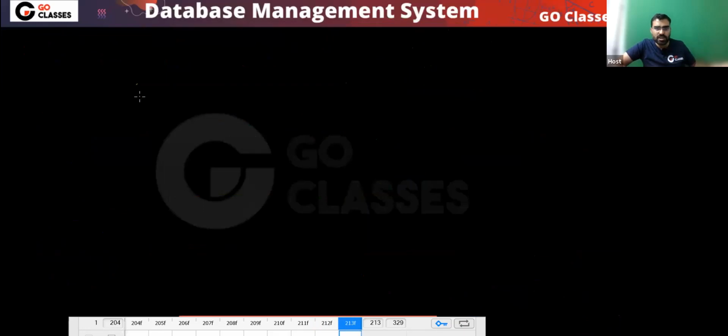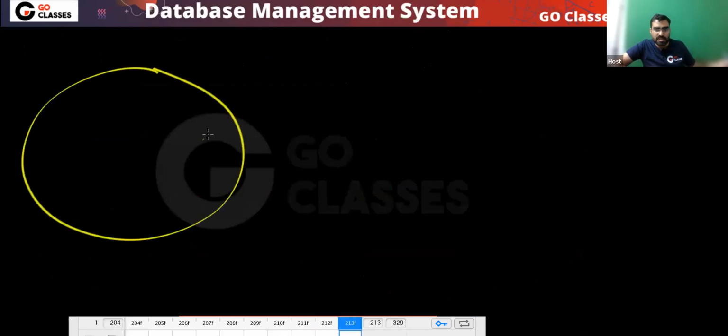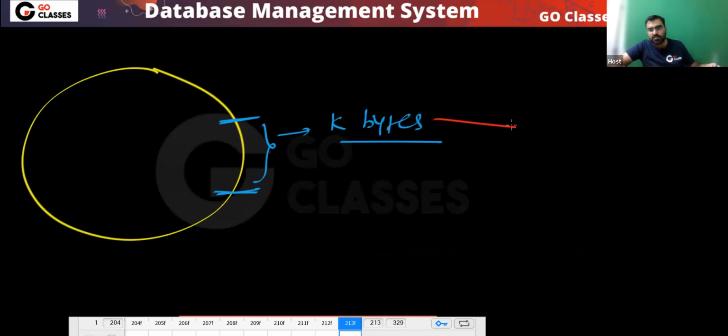See, this track size we are taking just to make our calculation very easy. But actually transfer rate is this. This is your track. Let's assume this is your data, and these are K bytes. If I know that this data I can transfer in, say, S milliseconds, then what will be the transfer rate?